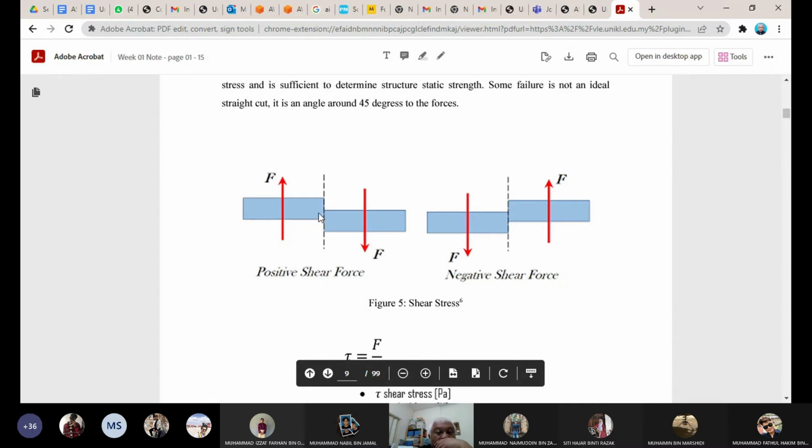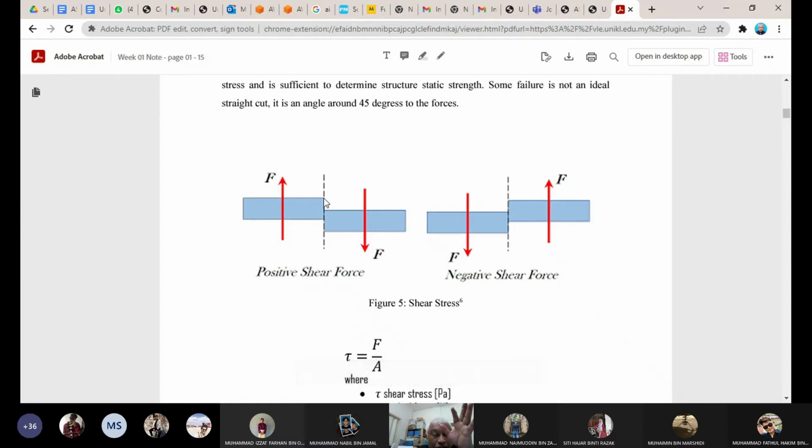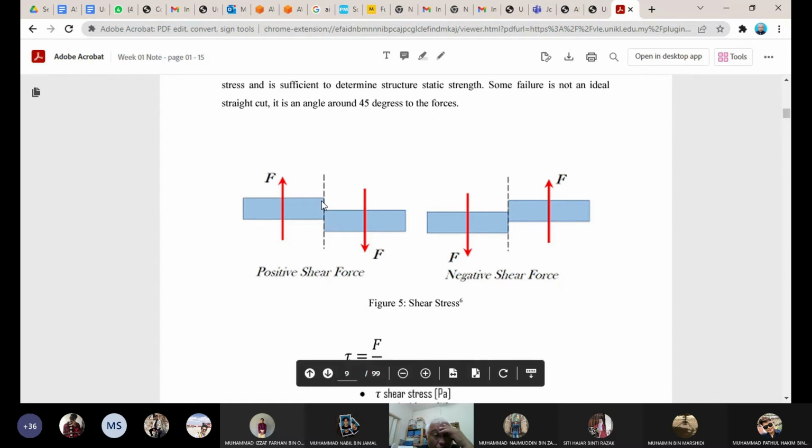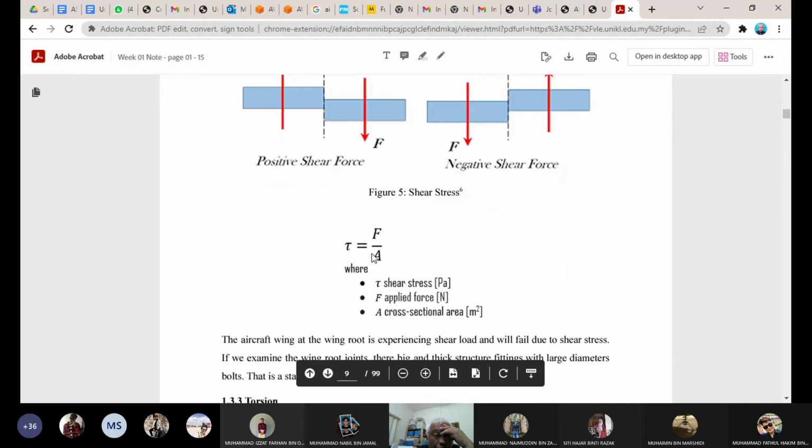That process we call shear, and you have shear stress here. So it's force over area, but the area is the cross-sectional area of the pipe.